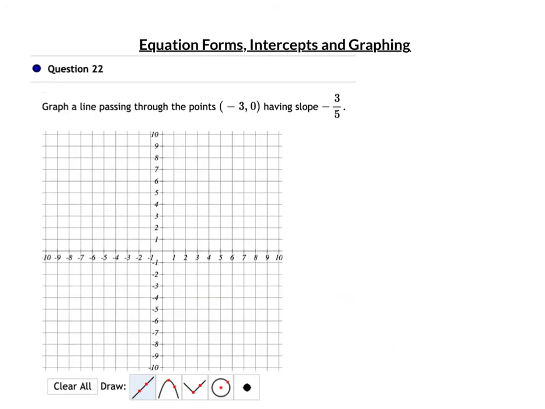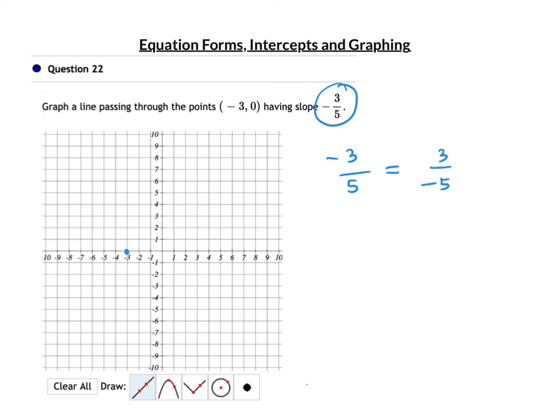In question 22, we have a point, negative 3, 0. It doesn't matter where the point is. It can be anywhere. When you have the slope, you can either put that negative up top, negative 3 over 5, or you can put that negative below, 3 over negative 5.